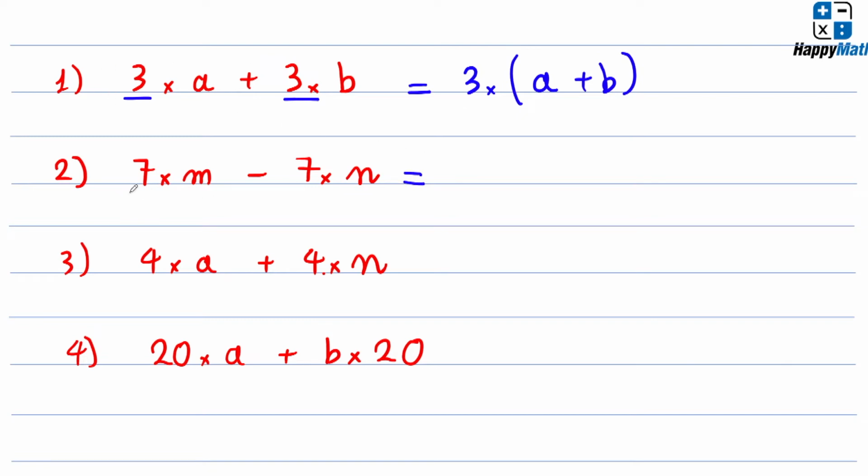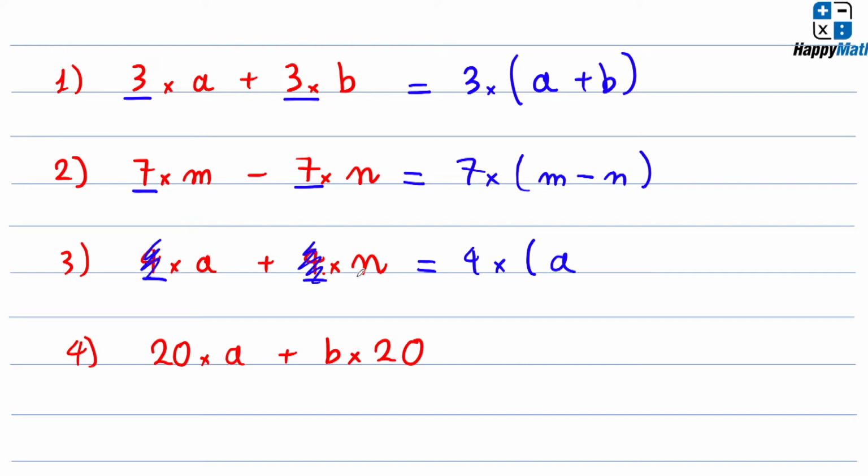Question 2, the common factor is 7. So take 7 outside the bracket, you get m minus n. And the third term here is 4a and 4n. So you take 4 outside, and 4 is a common factor, right? Take 4 outside, and the first term I don't rewrite 4 anymore, only a.